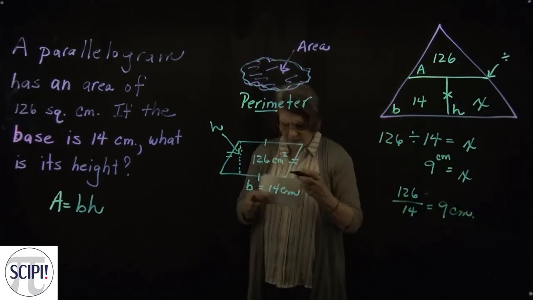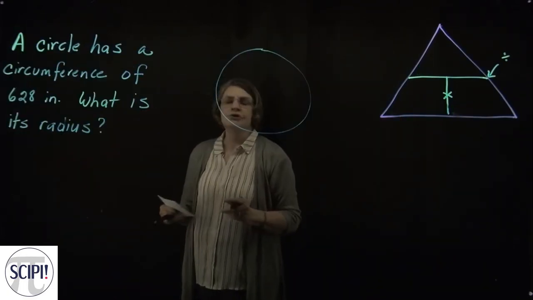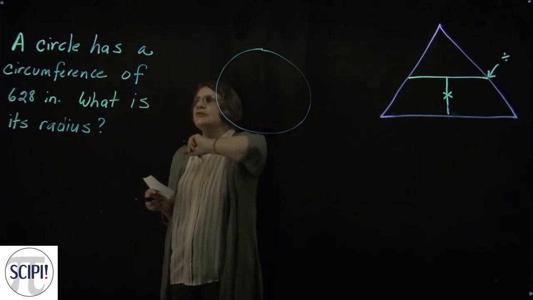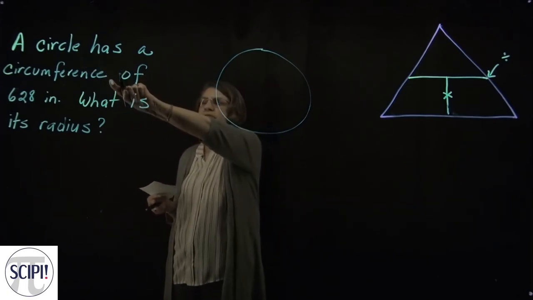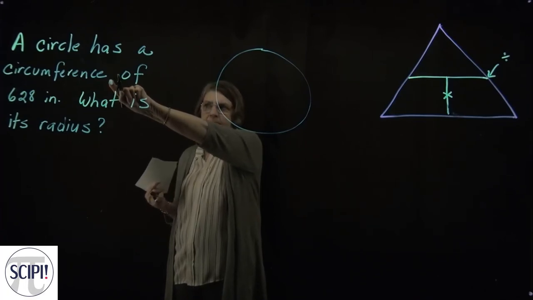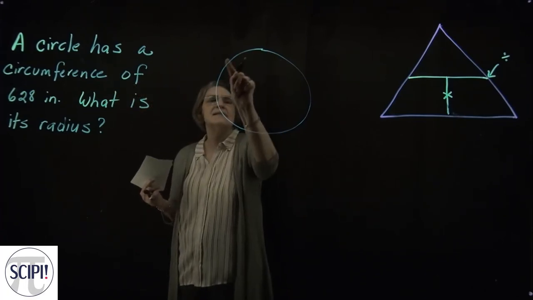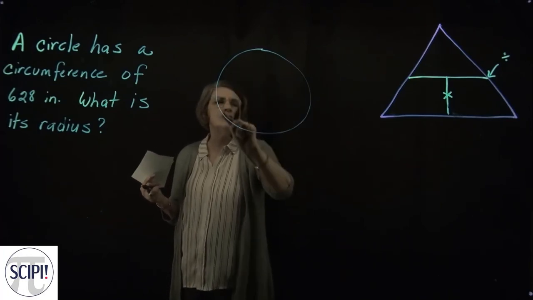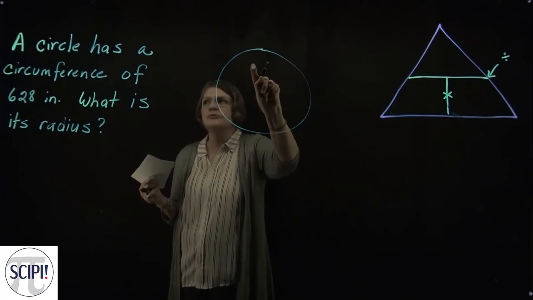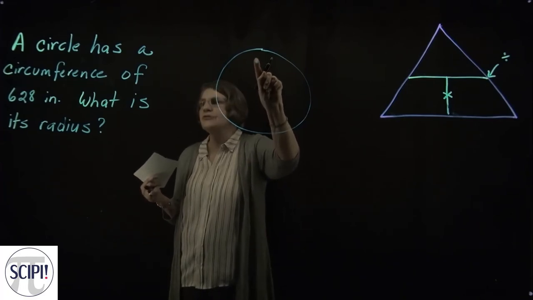Let's try another one. All right, now we're going to try another geometry one. We're going to do a circle. It says a circle has a circumference. Well, first of all, we need to know what the circumference is. Somebody tell me? All right, Madison, you're right. It's the distance around the circle. We don't call it perimeter because a circle is not a polygon. It's called circumference.